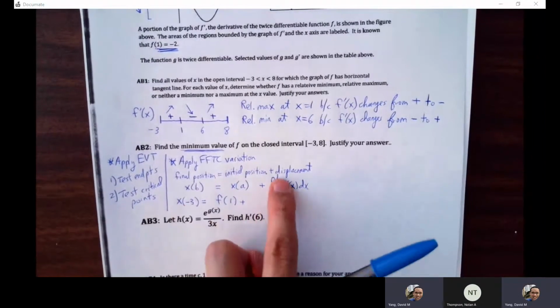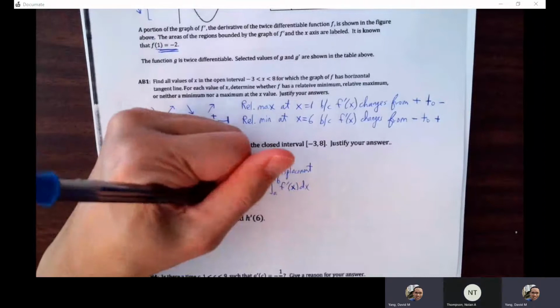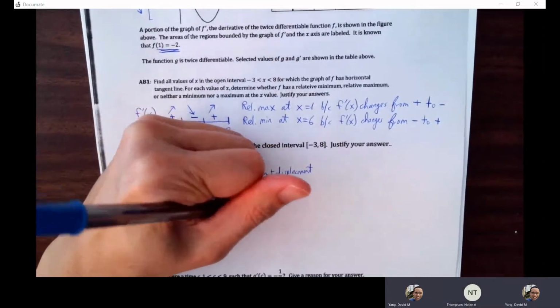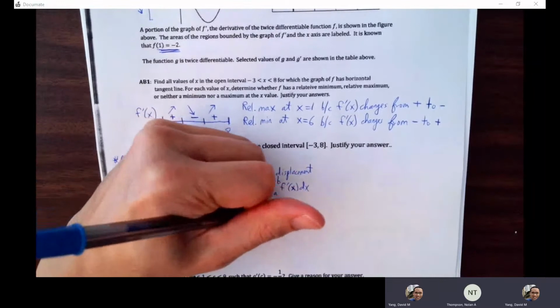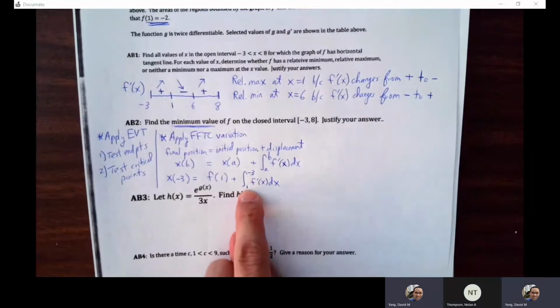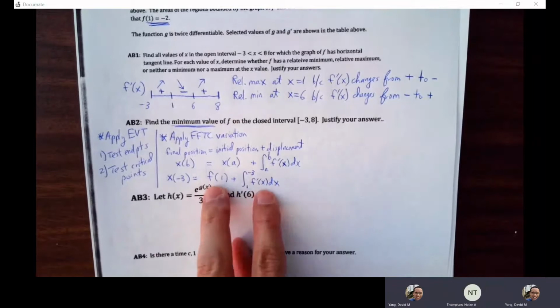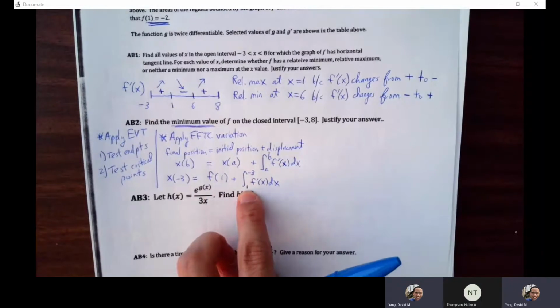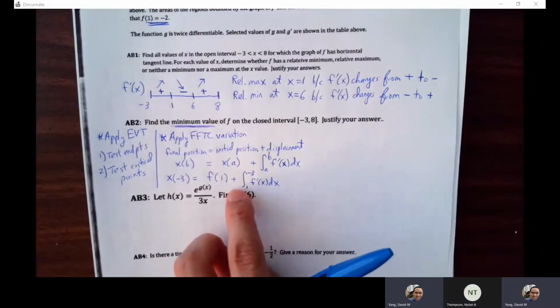So I need to go from 1 to -3, because I'm starting at 1 and I'm going backwards to -3. But like you said before, it's easier if we can adjust the bounds to make it easier to read. So now that I have this established from the rule that's given, I'm now going to make it easier for myself. I'll adjust those bounds so I can read from left to right and enforce a negative in front.